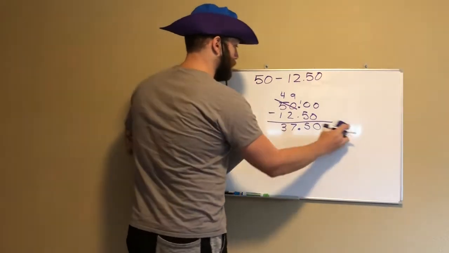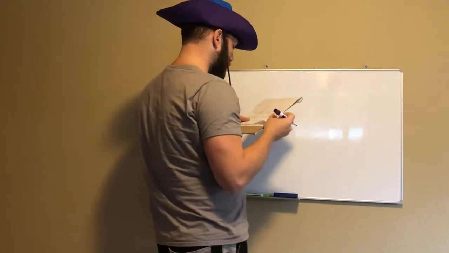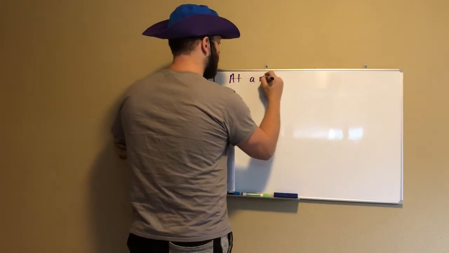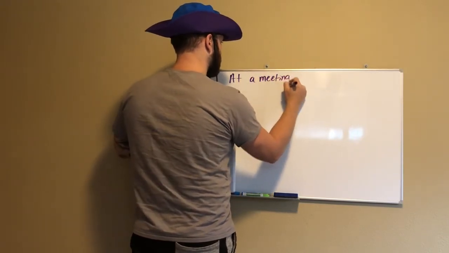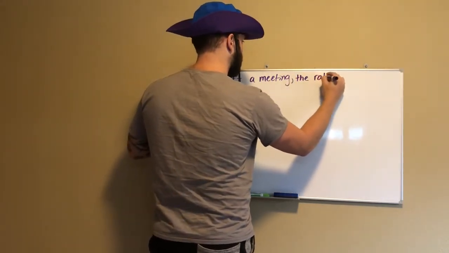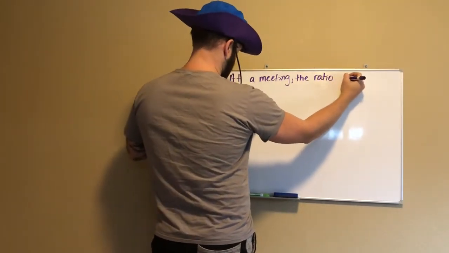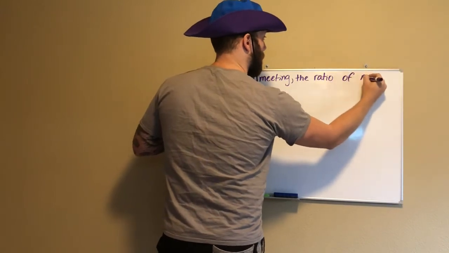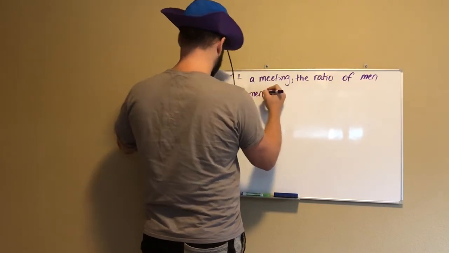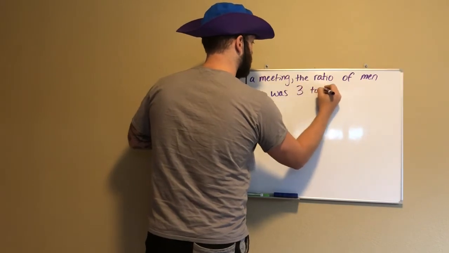Next up is story problems. I'm going to write out the first story problem on here so you can get a good visual of it. At a meeting, the ratio of men to women was 3 to 2.